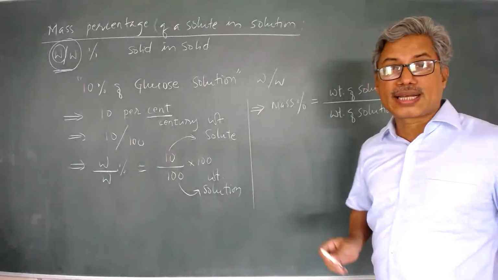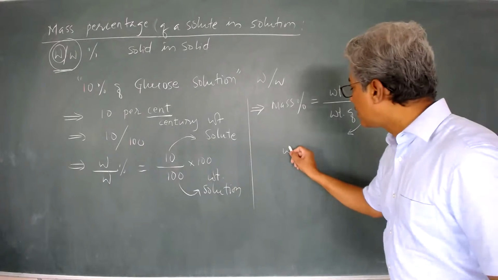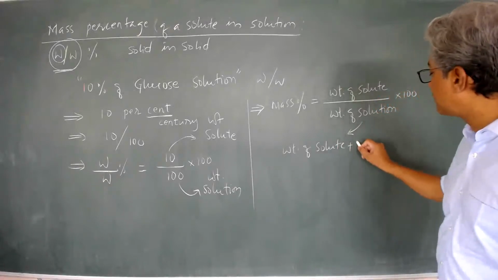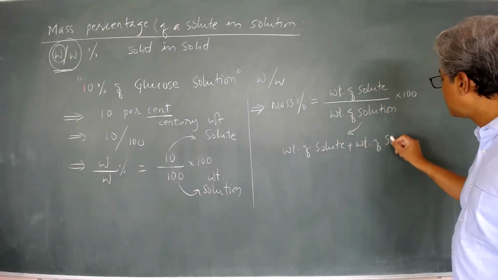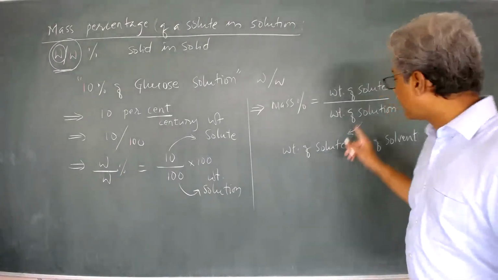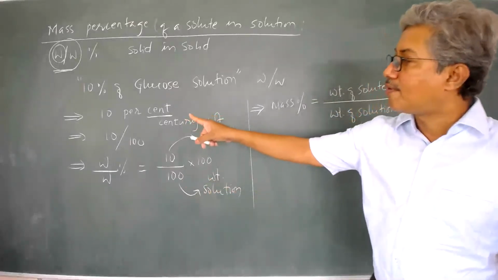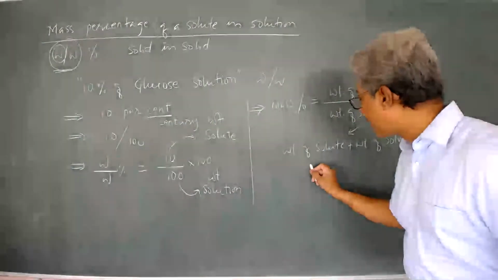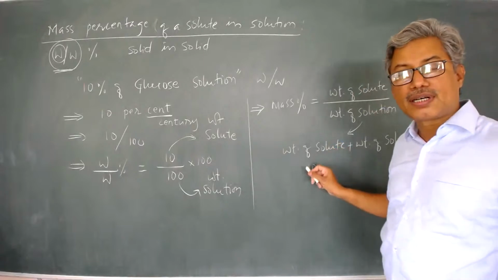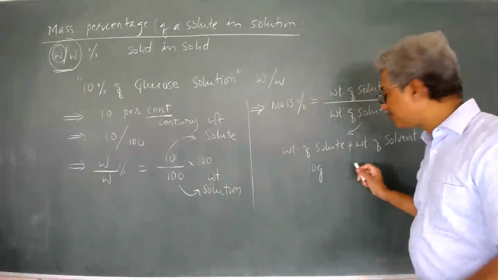One important point that you need to remember is this: weight of solution is nothing but weight of solute plus weight of solvent. Now here, the 100 has come like this. The weight of glucose, the solute, is 10%, which means here it is 10 gram. 10 gram of glucose is dissolved in how much quantity of solvent?